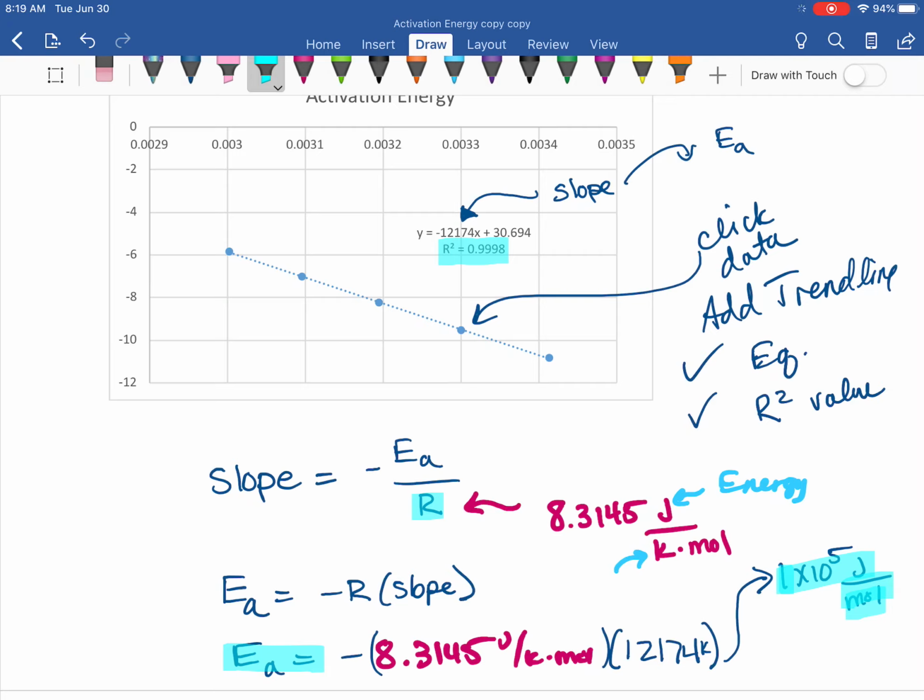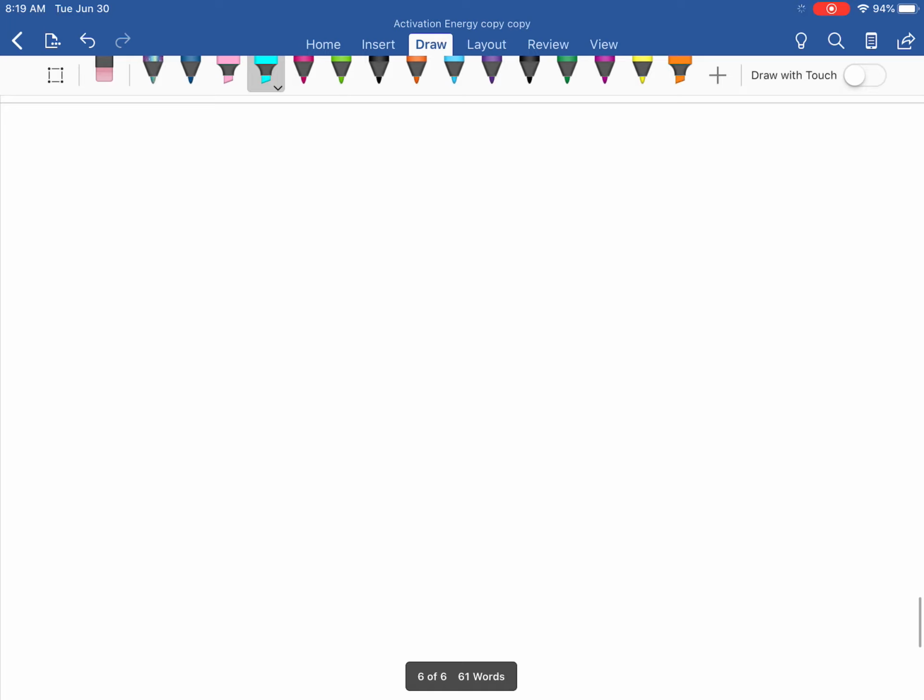Let's do an example with the other equation, and then we'll call it a day, and we'll try some of these in your homework. All right, so our second method is what if you just have a data set where you have two temperatures and two rate constants.